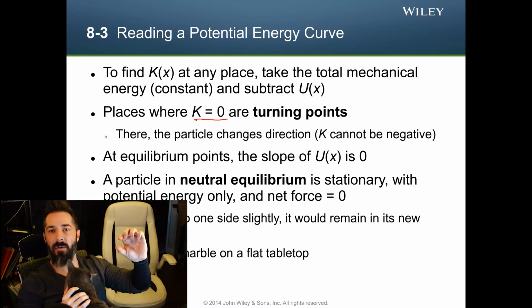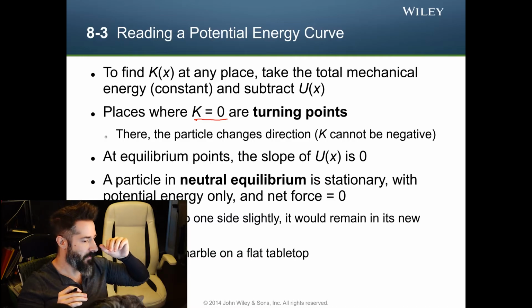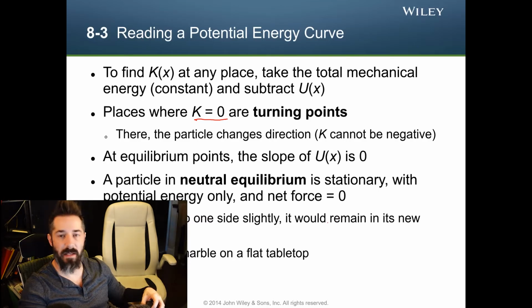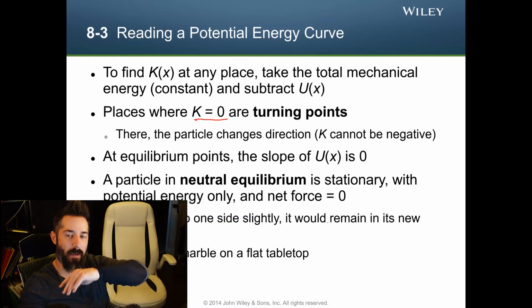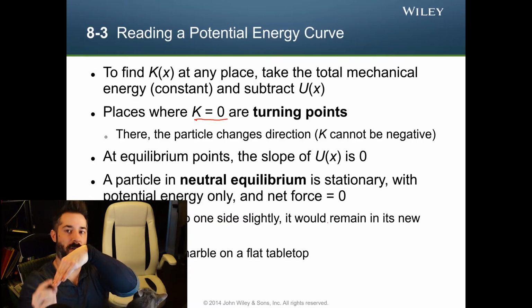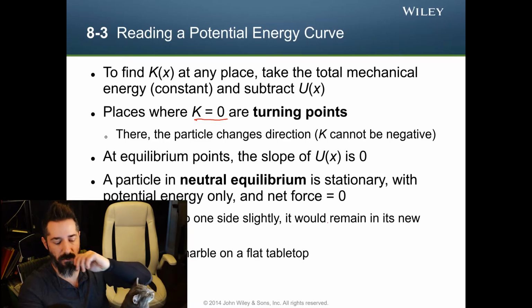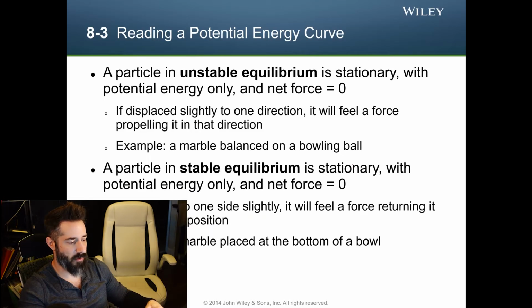So a ball on a table, it doesn't matter which way you push it, it's going to stay in that same equilibrium point. And that's what they're saying here. Okay, so if it's displaced to one side slightly, it would remain in its new position, meaning it's on like a tabletop. If it was on like a curve like this and you have a ball, you push it one way, it's going to roll, right? That's what they're differentiating between those two differences.